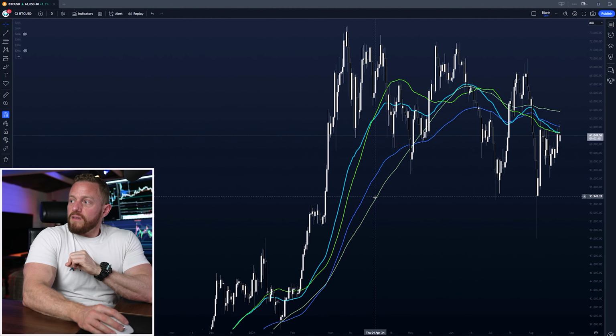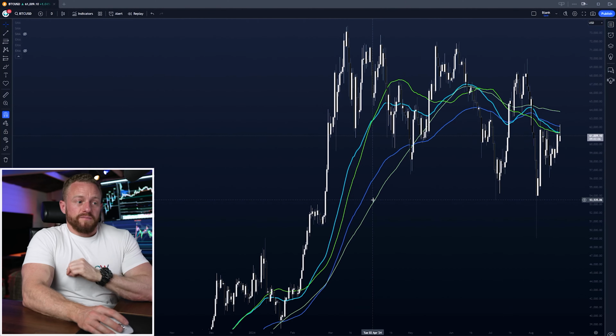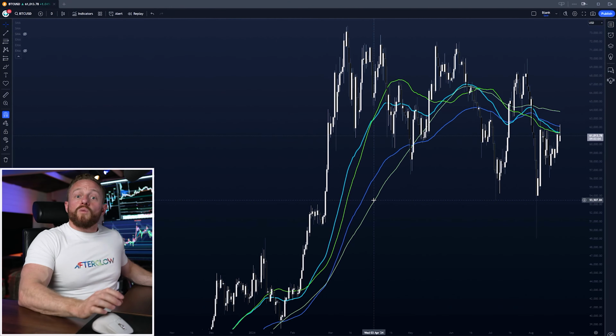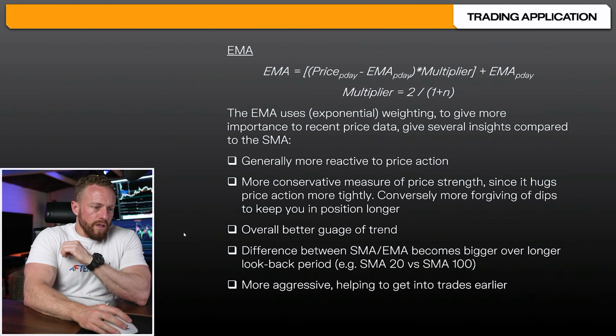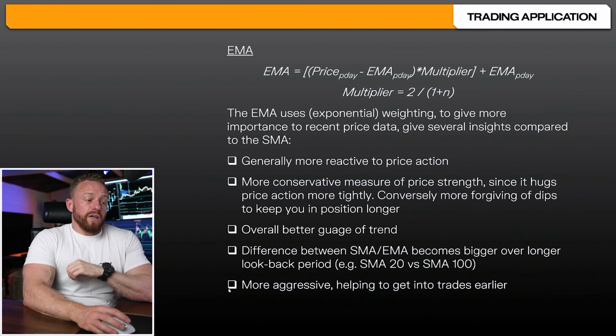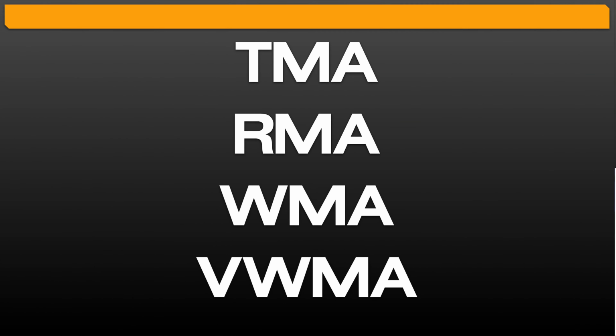Whereas here, the gap between the darker blue EMA and the darker green SMA is quite a lot bigger. So that difference will depend on the time period you use. And then last of all, the EMA generally is just more aggressive because it has that faster acting characteristic, so it can help you to get into trades a bit earlier.